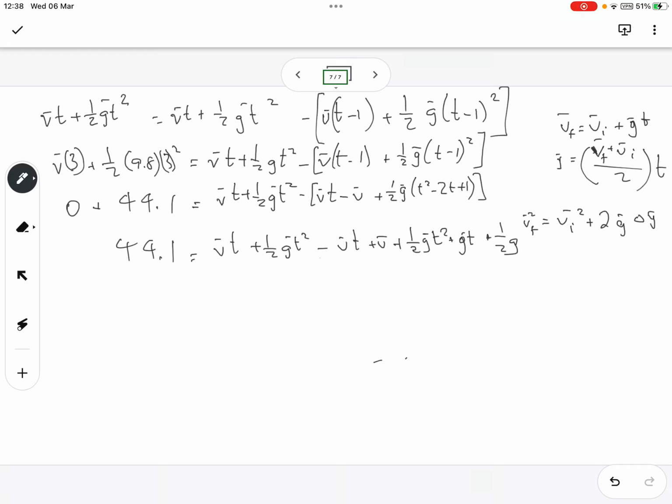But now, remember that ut you mentioned, it should multiply. Okay, so it's ut minus u. I get it's ut minus u plus half times acceleration times t squared minus 2t plus 1.